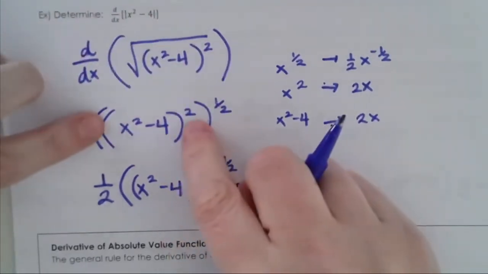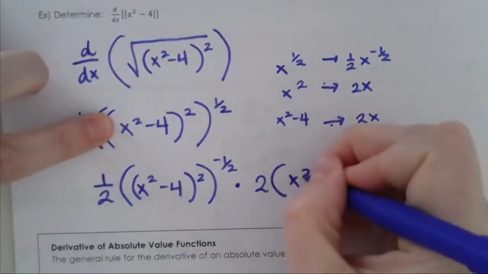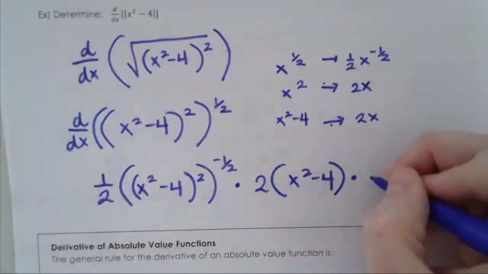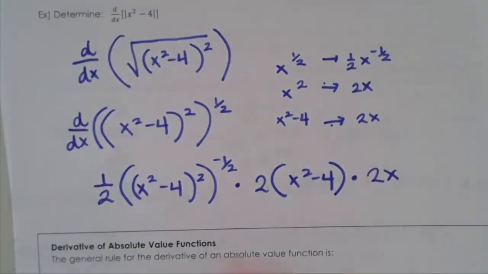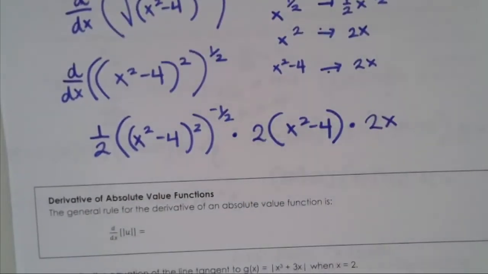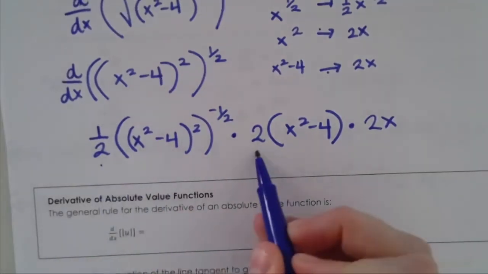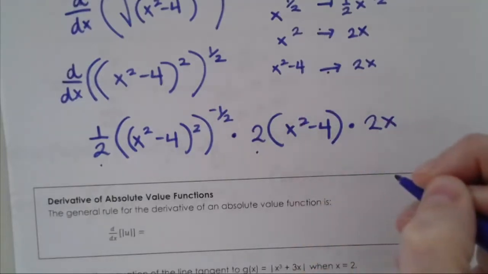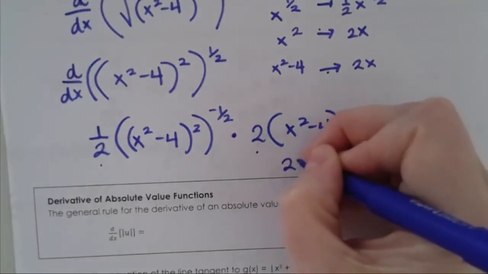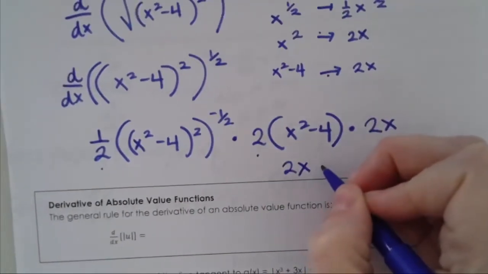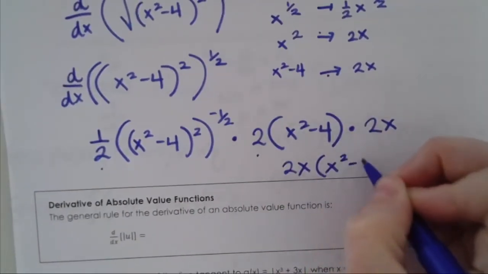Well, the thing that's in x squared is x squared minus 4, times the very last derivative of 2x. So I've done my 3-layer chain rule, and now we want to make this look a little bit nicer. Well, 1/2 times 2 times 2x gets me 2x. But I also have the x squared minus 4.